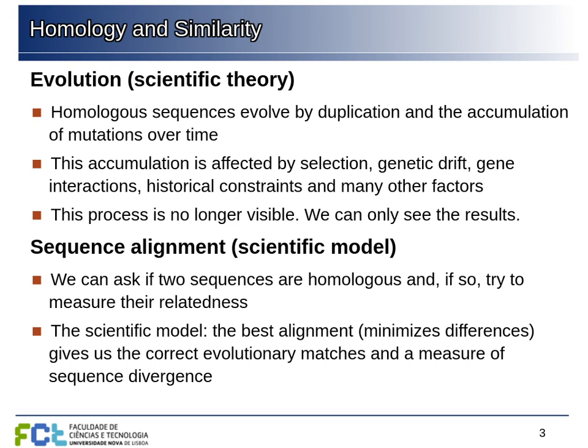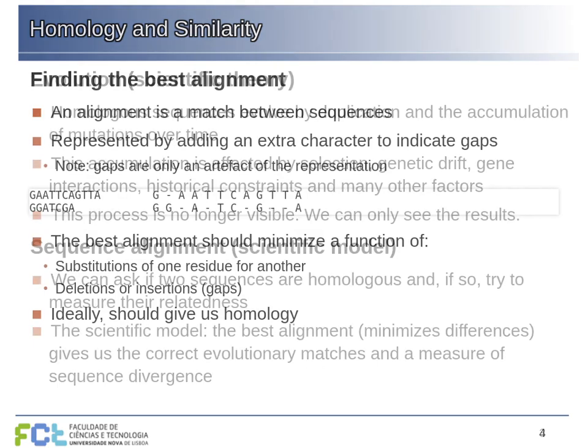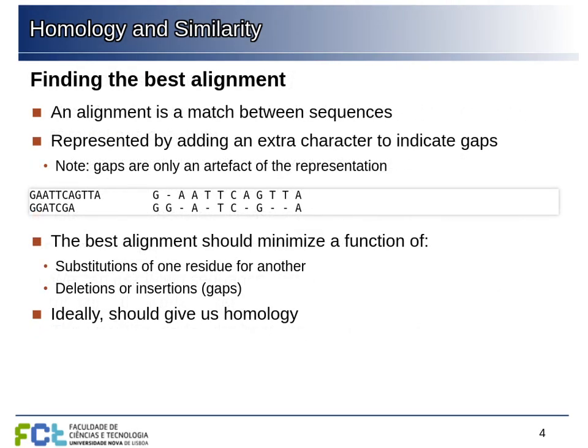Okay, so this is the scientific theory and the scientific model for the specific case of sequences. However, we have a constraint here, that is the information that we have.